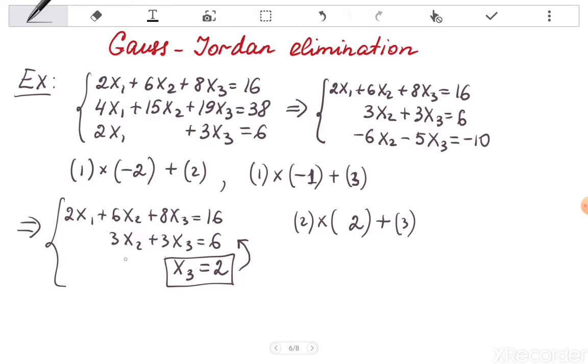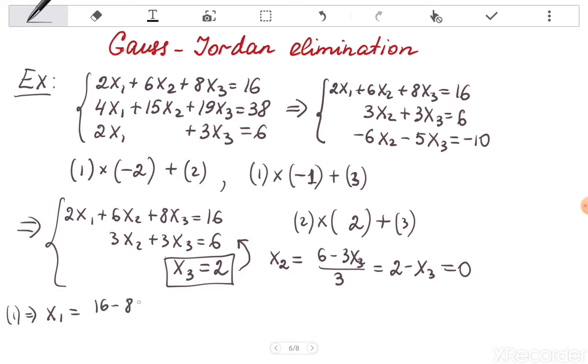So from this equation, what do we have? We have that x2 is 6 minus 3x3 over 3. So this is 2 minus x3, and x3 we know is 2, so this is 0. And from the first equation we obtain that x1 is 16 minus 8x3 minus 6x2 over 2.